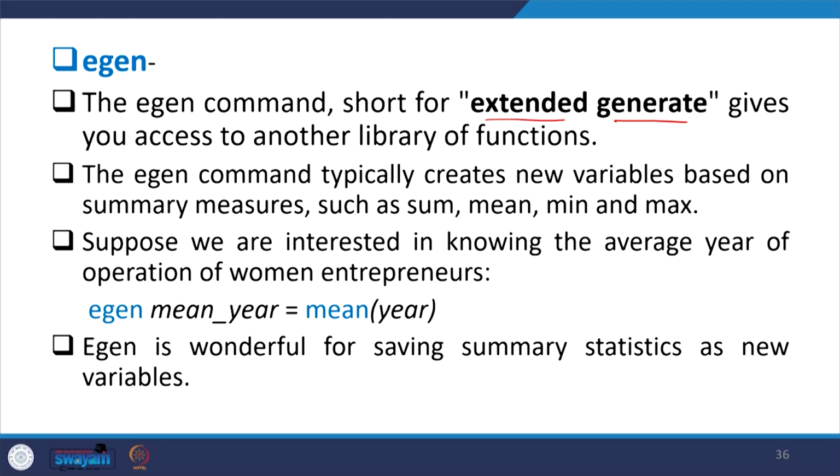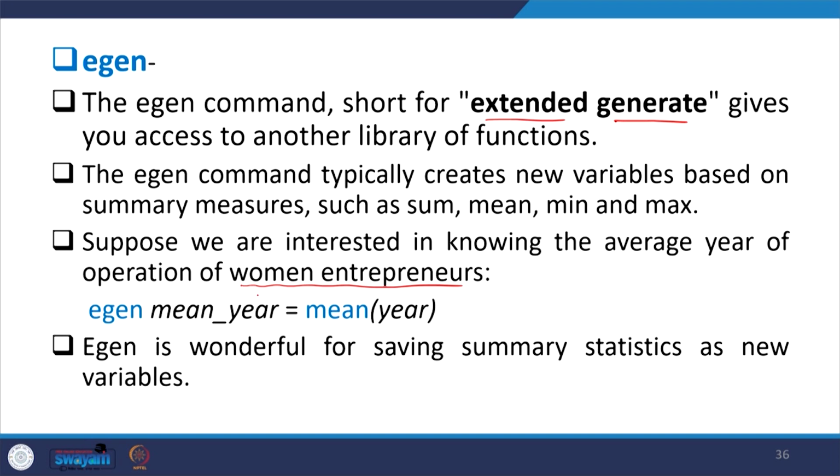Suppose we are interested in knowing the average year of operation of women entrepreneurs, or even the average yearly expenditure in healthcare for a person. Instead of calculating the average with a function like dividing the number of years by 12, which we can do, here through the egen command we can quickly get the mean value.